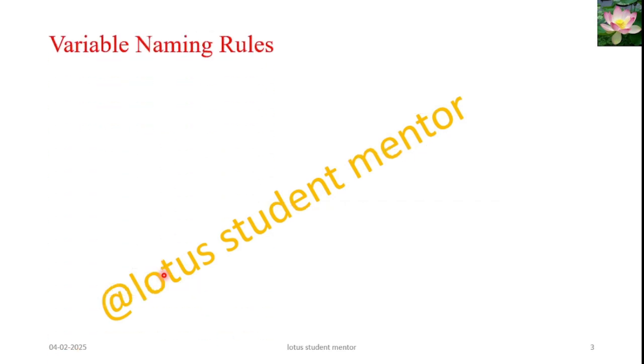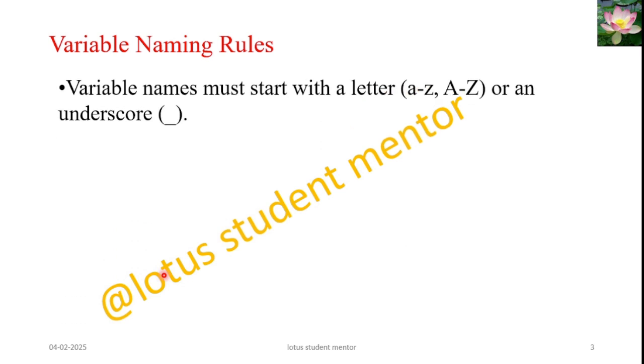Now, variable naming rules. There are various rules. Variable names must not start with a digit, but they can start with letters, lowercase a to z or uppercase A to Z, or an underscore.